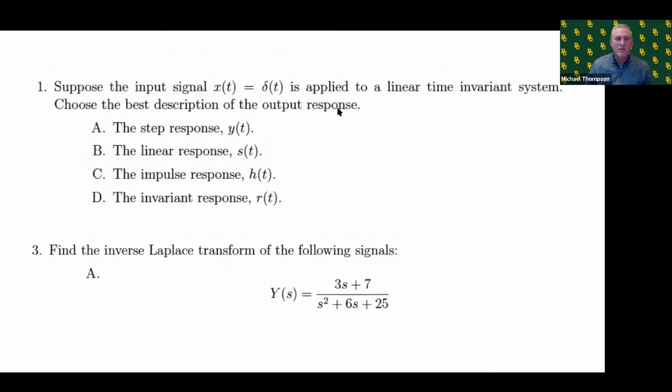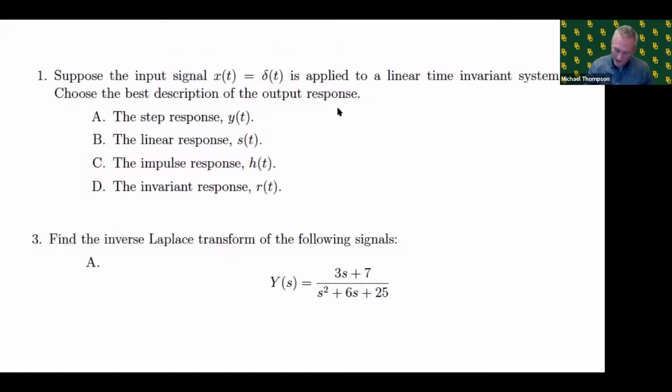In this example, I have a multiple choice question where you have an input signal and it's an impulse function. Choose the best description of the output response, and we have different names of responses. Anybody want to take a stab? What do you think is the best answer?